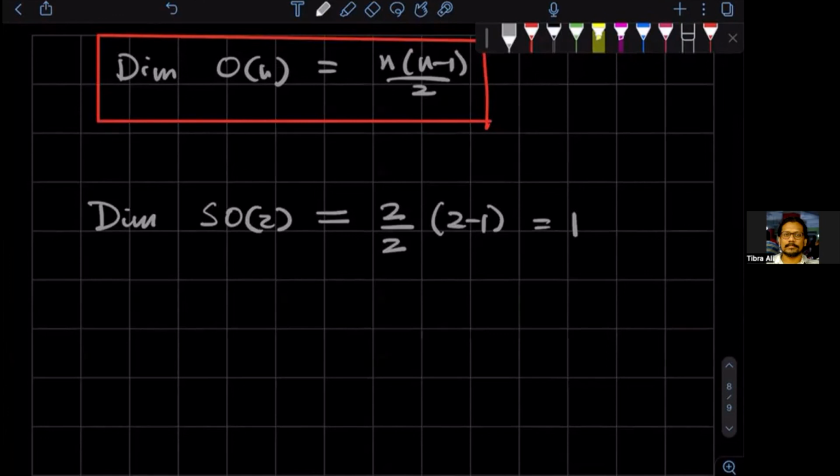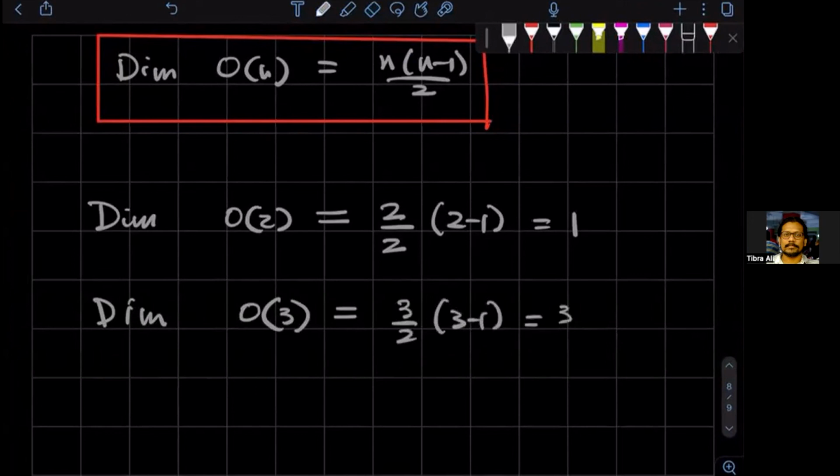When we go to 3 dimensions, we saw that there are 3 independent rotations. The rotations in the 3 independent planes, right? Or rotations around the 3 axes. Let's see if that agrees with this formula. So dimension of SO(3), the group of rotations in 3 dimensions. We don't have to say SO, we can just write O(3). Then it's going to be 3 times (3 minus 1) over 2, which is 3.